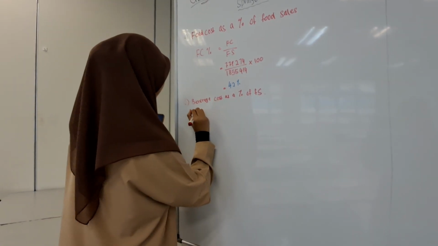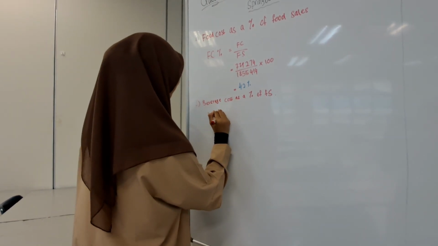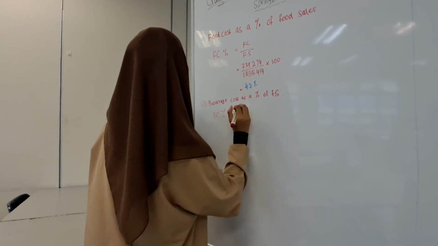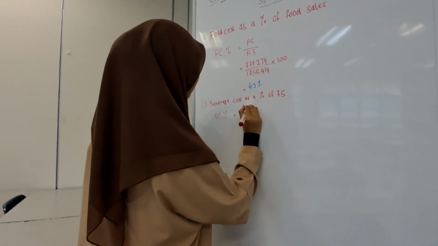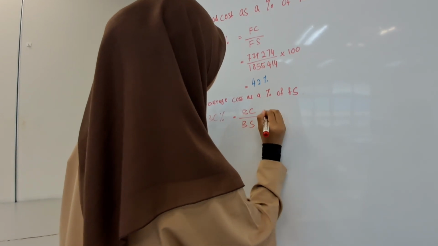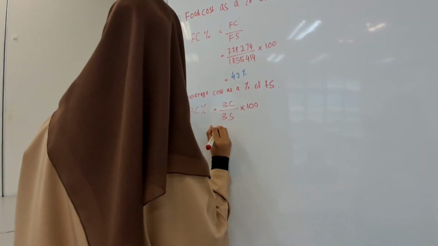So same as the question number 1 A. To find beverage cost, the formula is beverage cost divided by beverage sales multiply 100.